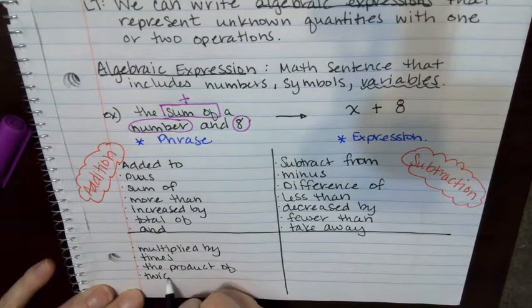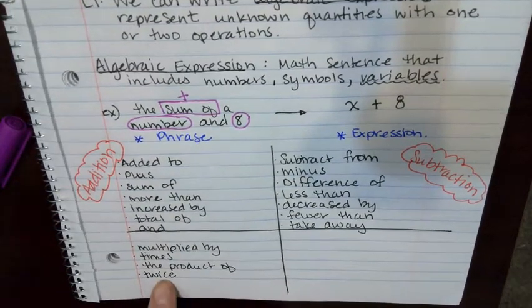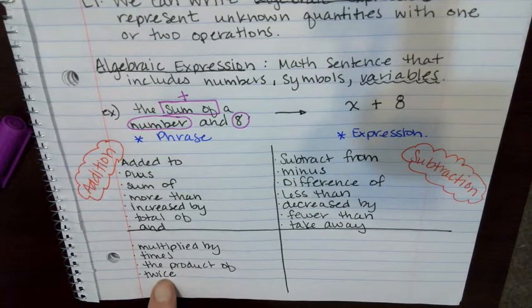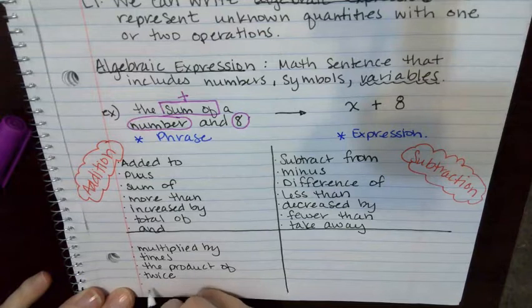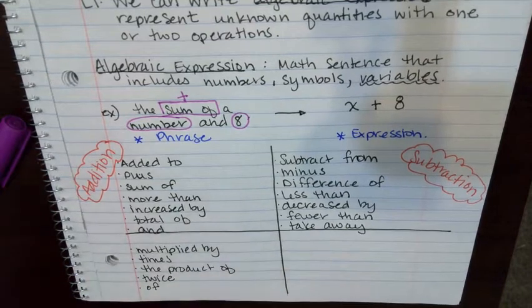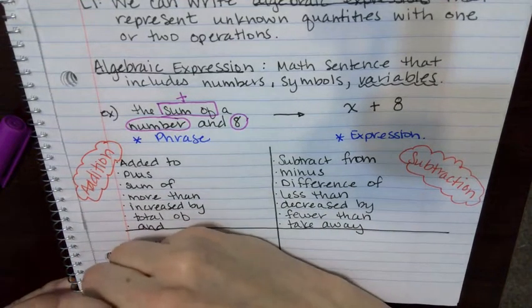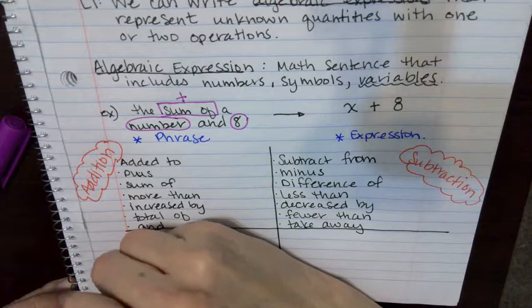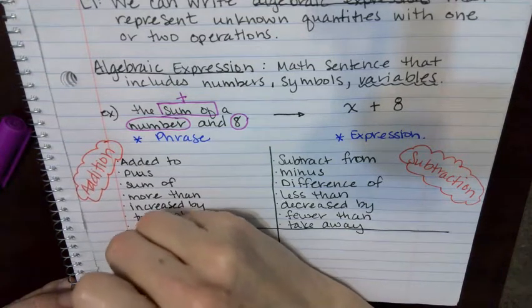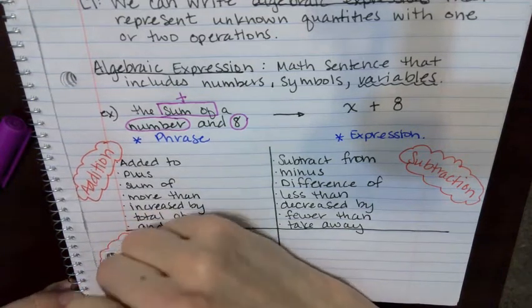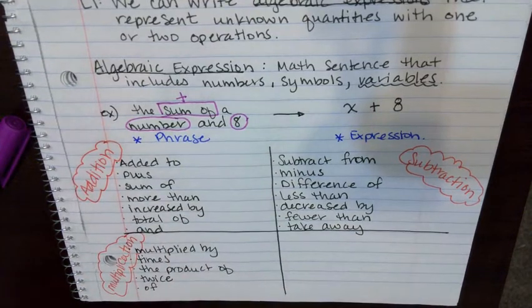This one you'll hear a lot, twice. This means to multiply by 2. So twice a number x would be 2 times x. Another word that means to multiply is of. So this is multiplication. These are your multiplication operation words.